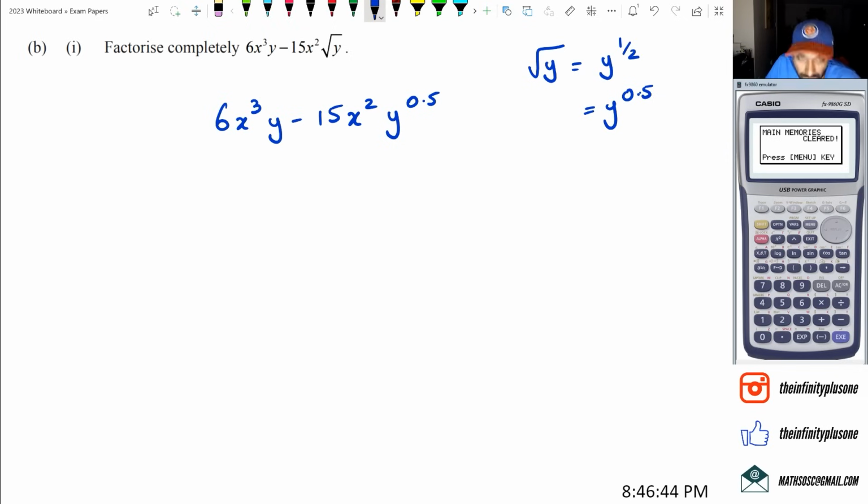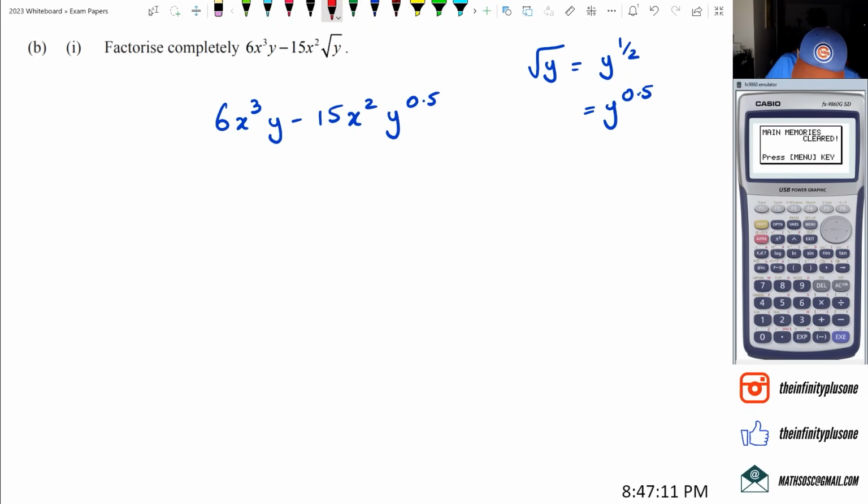You want to simplify it to the full extent, right? So the first thing I'd probably get rid of is the numbers. So I've got 6 and 15, so I know that 3 is a common factor. I'm going to do this step by step, guys. If you want, you can do it fully right to the end of the answer straight away, I'm just doing it to show people how I go about getting this answer.